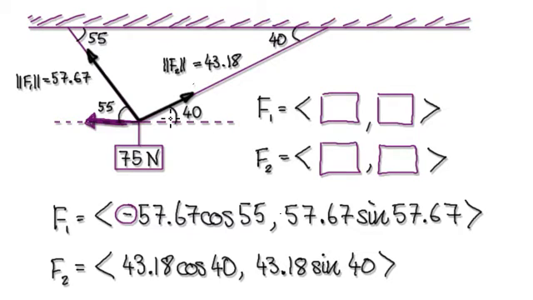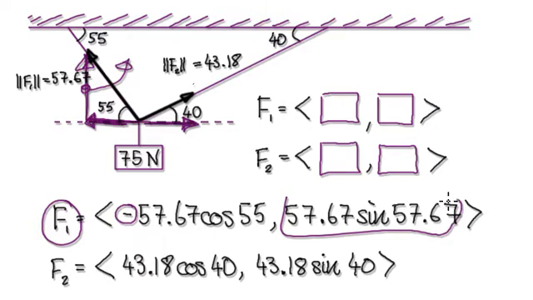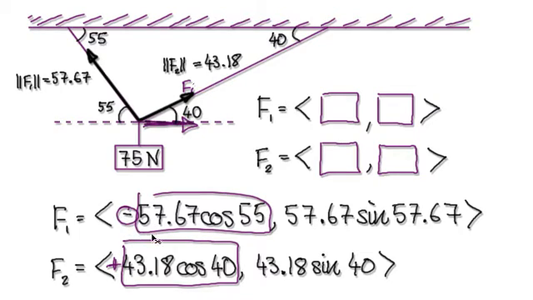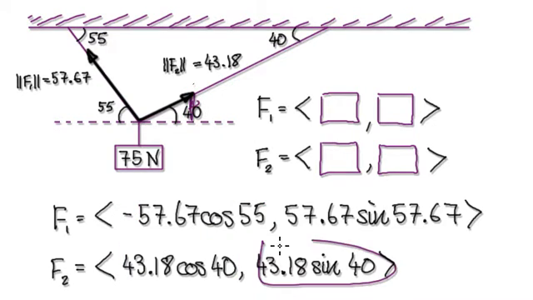Still looking at f1, we now need to look at the vertical. The vertical would be this. And looking at f2, horizontally it would be this. It's in the positive direction, so it's going to be plus here. Here's a negative direction, and then vertically it would be this.